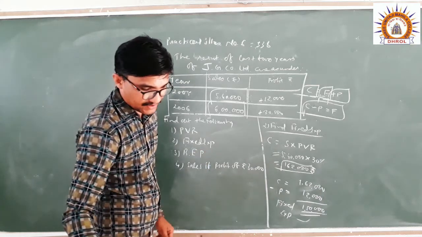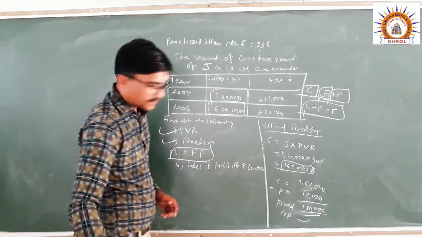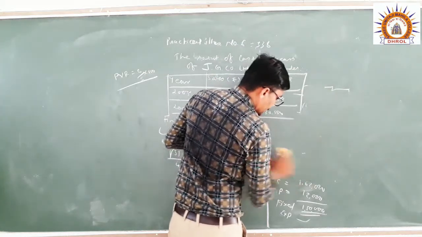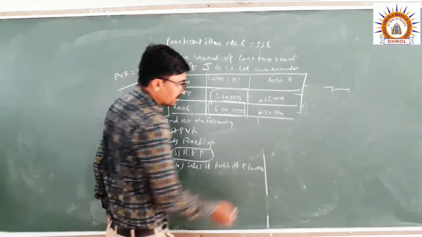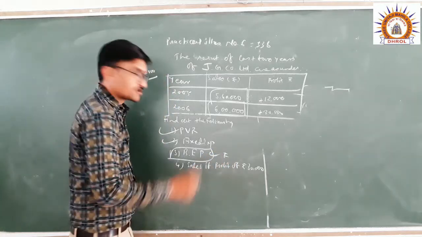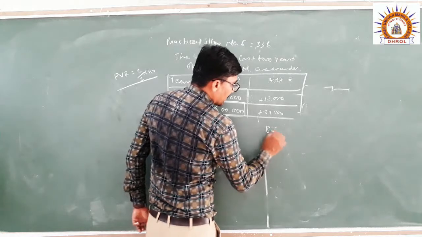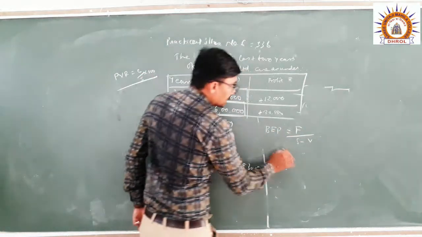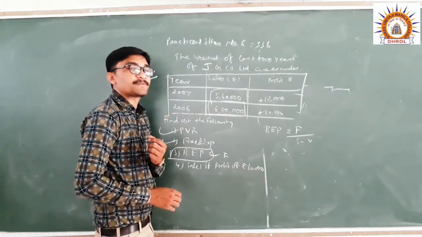Now the next calculation is to find the break even point, with the help of this given data. Break even point requires F, and F we calculated as the fixed expense. The formula is B is equal to F upon S minus V. F we already calculated as rupees 1,50,000.